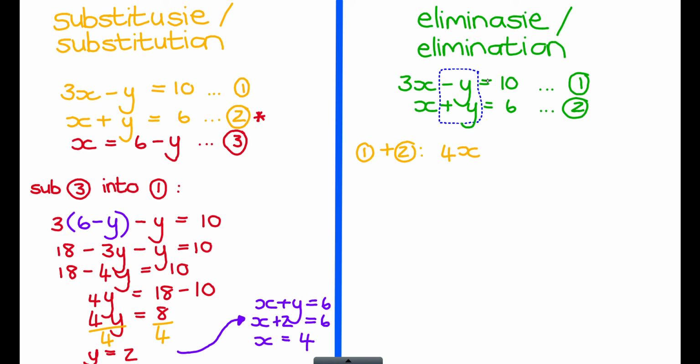So ek gaan niks daar skryf hê. Nee. Right, now we can say equal to, nou kyk ons net na die gewone getalletjies, so 10 plus 6 gee vir my 16. En dan gaan ek sê deel, divide both by 4, so x is equal to 4, and then we just substitute in to get the y value.